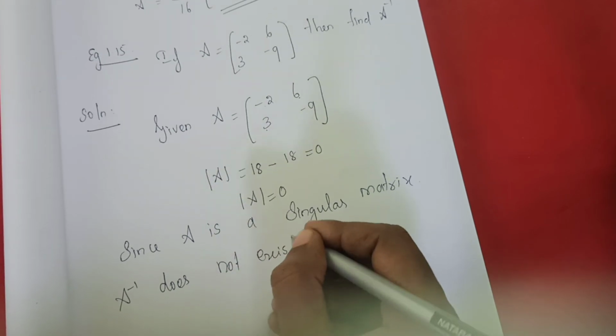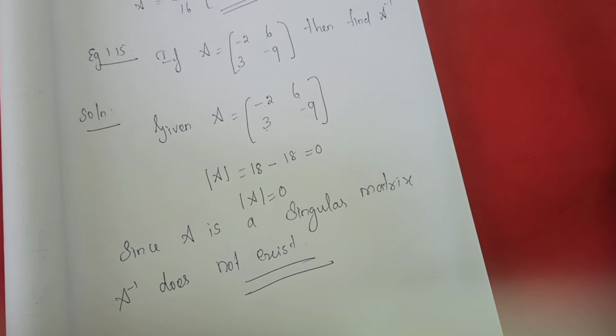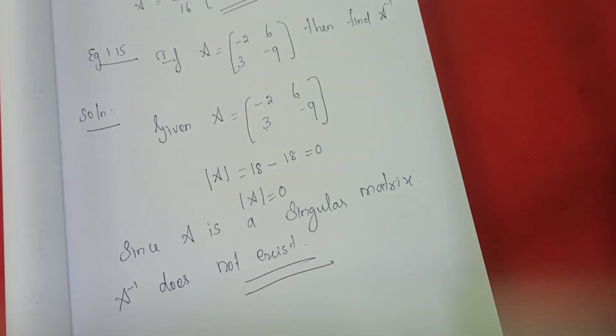Like that we need to conclude the answer. If the determinant of A is equal to 0, how will you conclude? Since A is a singular matrix, A inverse does not exist. Okay, so up to example 1.15 we have completed.